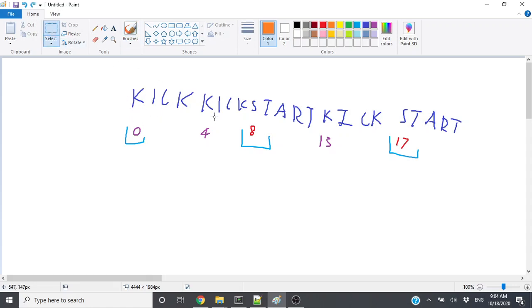Oh, and I guess kick has overlapping characters with itself, so technically this string is also valid, and this would have the same answer, like kick start. But it doesn't really affect anything because these indices are going to be disjoint anyway. They're not going to overlap each other. And then we can find that this one takes these two, and this one takes this.